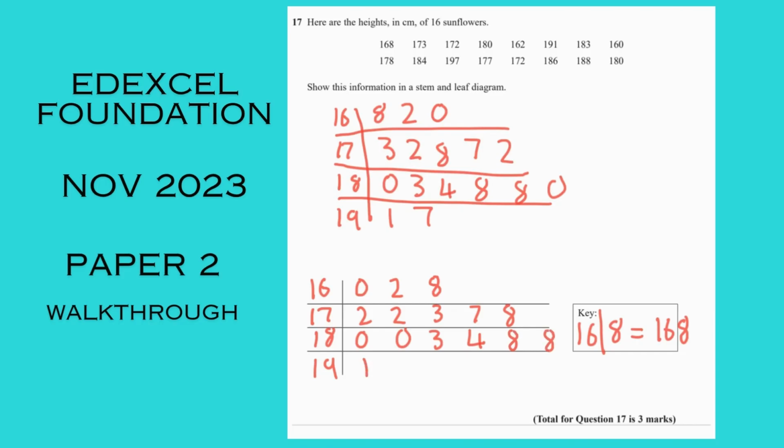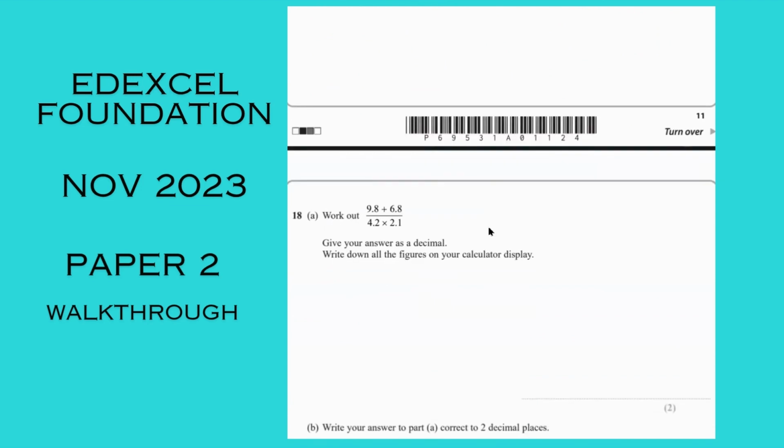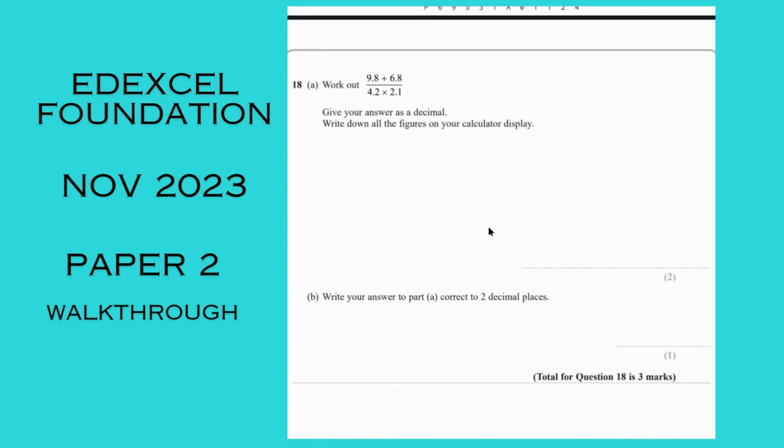And 1, 9, 1, 7. 16 sunflowers: 4, 8, 9, 10, 11, 12, 13, 14, 15, 16, just to make sure you've not missed anything out. On to question 18.